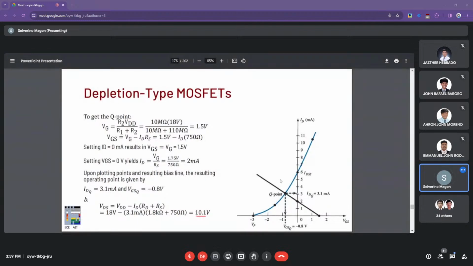From the plots of 2 milliamps and 1.5 volts, similarly in this intersection we have the values of 3.1 milliamps and VGS at about negative 0.8 volts right here.